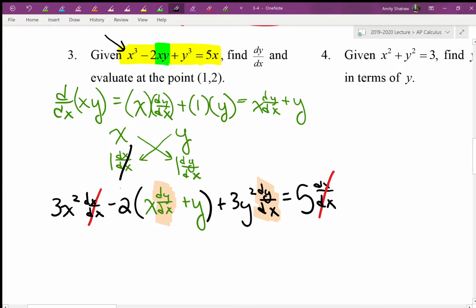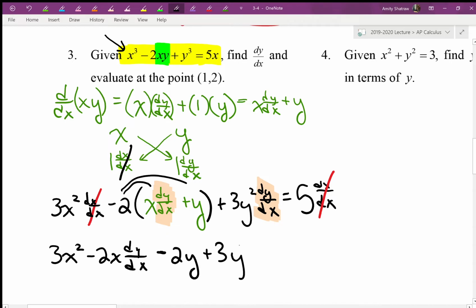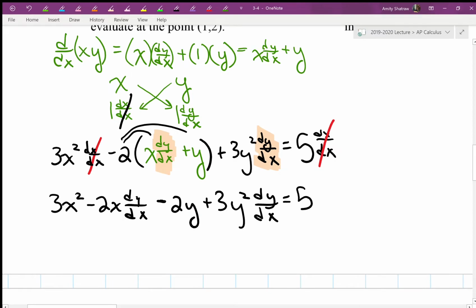So for example, I see there's some distribution going on here. And so I want to say that I have 3x squared minus 2x dy dx minus 2y, and then I have a plus 3y squared dy dx, and all of that should equal 5. Okay, so I just did the distribution, and how do I go from here? Again, I'm trying to focus on getting this and this to be collected up and factored so that I can solve for it.